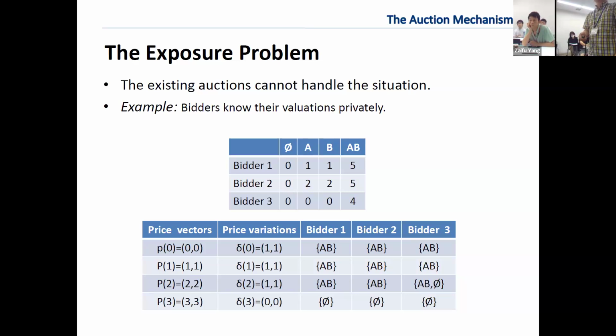But here at step 3, when you increase the price of every atom, then suddenly you overshoot. So this is a simple example showing the exposure problem.